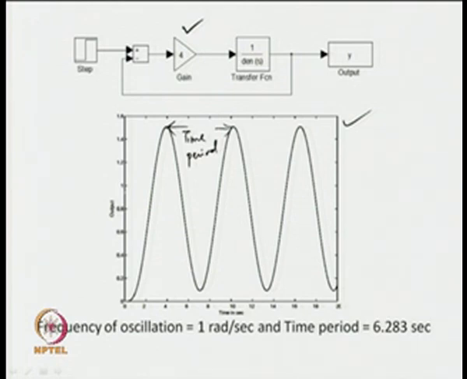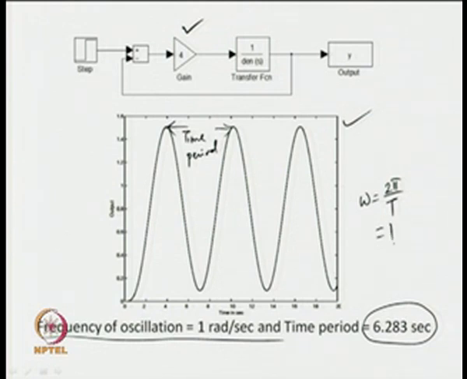So, the period of the output is found to be 6.283 seconds, and therefore, the frequency of oscillation becomes 1 radian per second. So, the frequency of oscillation omega is nothing but 2 pi upon T. So, from simple calculation it is not difficult to obtain omega as 1 radian per second.